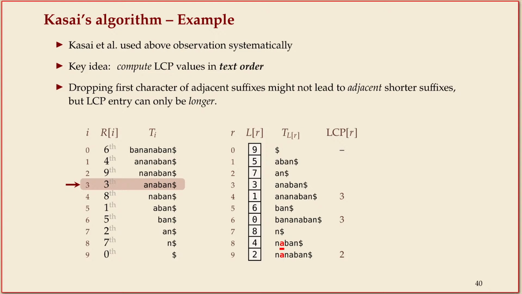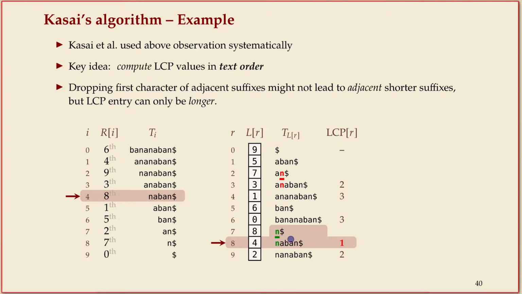And we keep going the same way. In each case, we take the entry that we wrote into the LCP array last time, subtract 1, because we removed 1 character. That's the number of characters we definitely have a match for, and the others we just naively check. For this one, we go over here. We know 1 character is inherited, 1 match. There's actually 1 more that we pay for, and then we get an entry of 2. We go to the next one, find where it is. We have 1 inherited match.